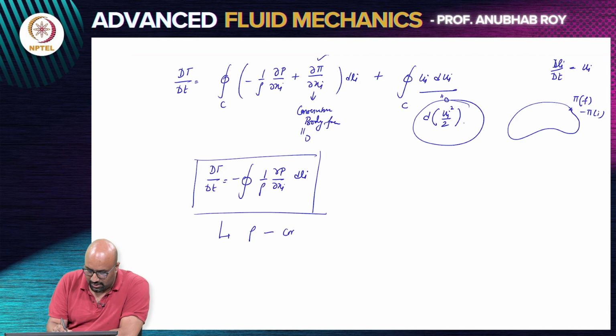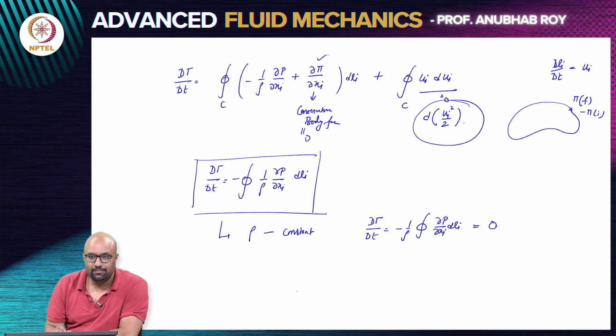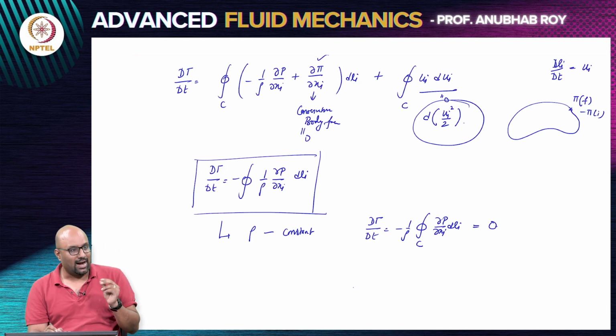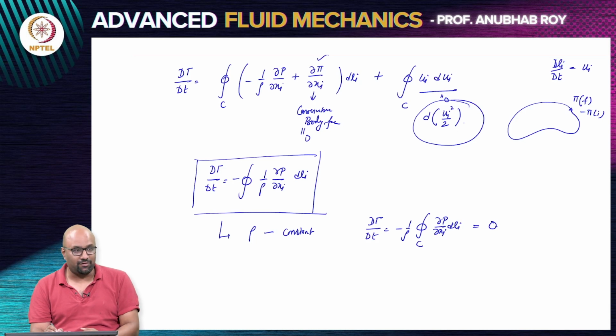So, rho can be constant, in which case I have minus 1 by rho dou p dou xi dli, and this will be 0, because it is a gradient evaluated over a closed contour. The final answer would be the difference between the value of pressure at the initial and final point, and if they coincide, it should be 0.